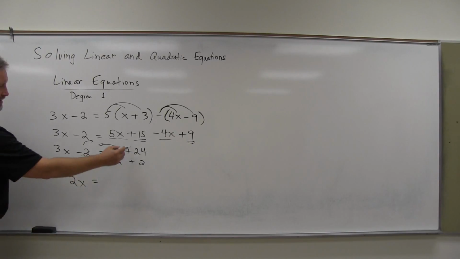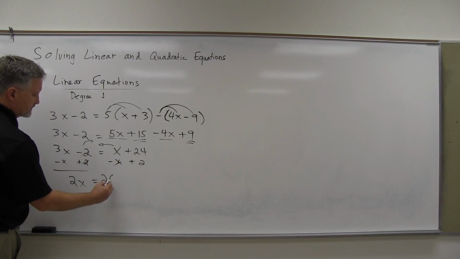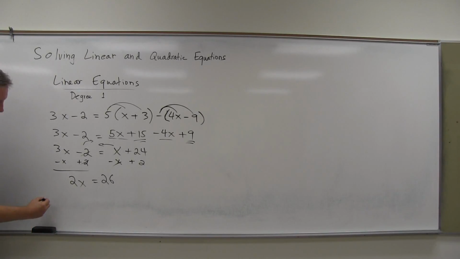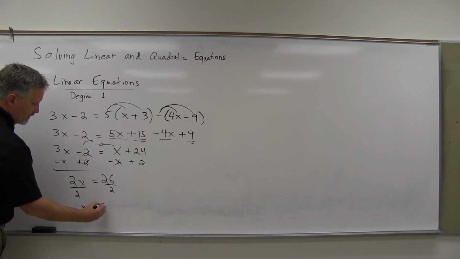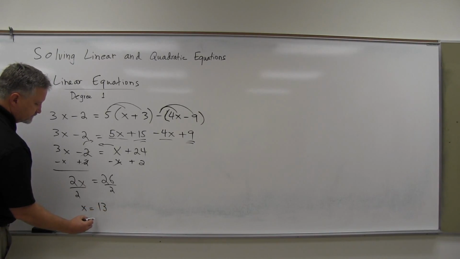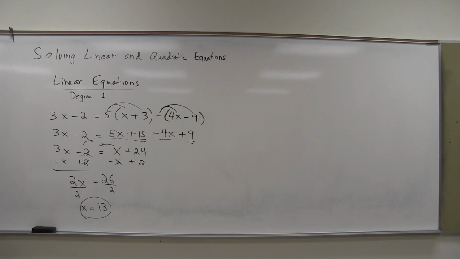The x's are going to go out there. That equals 26. And so we wind up with a much simpler equation. 2x equals 26. And probably, as you know, then divide by the 2. And we've got our x to be 13. That would be then our solution to this particular equation.